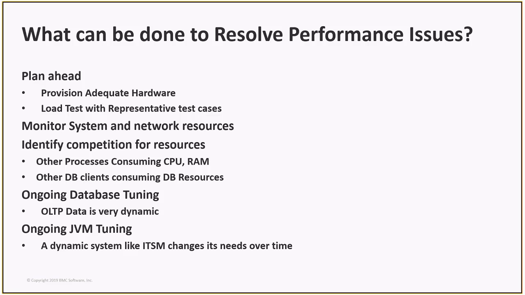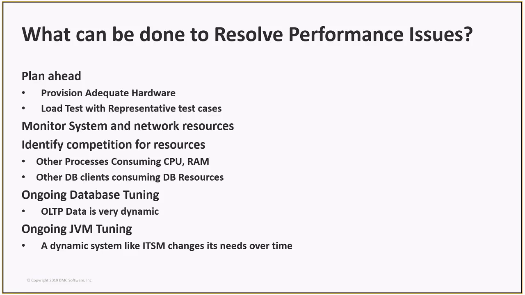Sometimes you can avoid running into performance issues if you keep an eye on what you have planned and make sure that as you roll out new things or add new things to the environment, you understand the hardware that's needed to do that. And one thing you can do to keep an eye on that is do load testing with good representative test cases that can help show what's going to be needed when this actually gets rolled out.